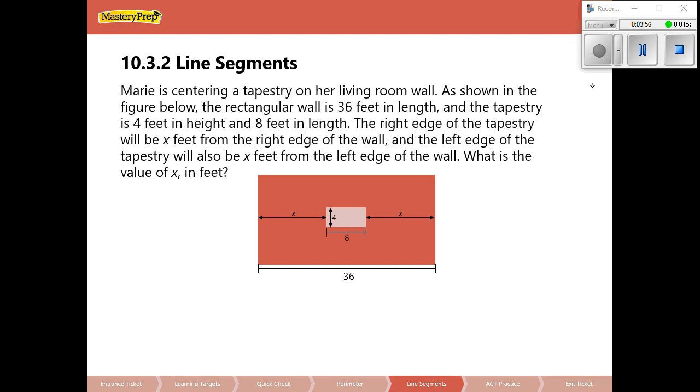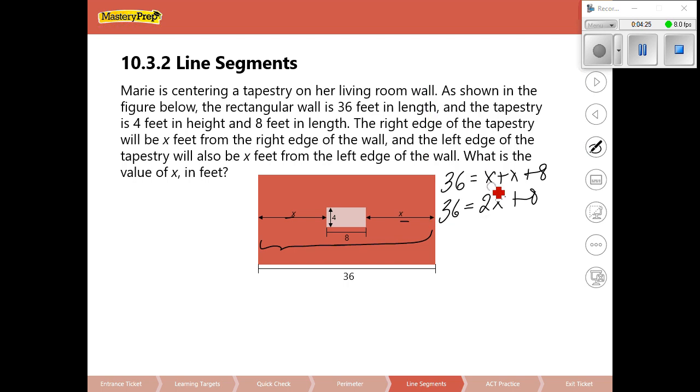Well, the whole length is what? 36. Now our distance across, well, we have what? X, X, and so X plus 8 should be 36. Well, if we combine like terms, X plus X is 2X. Now, as Cadence was saying, we can subtract 8 from both sides.